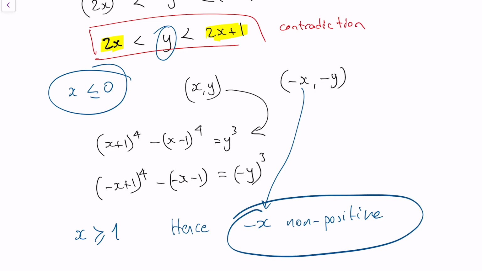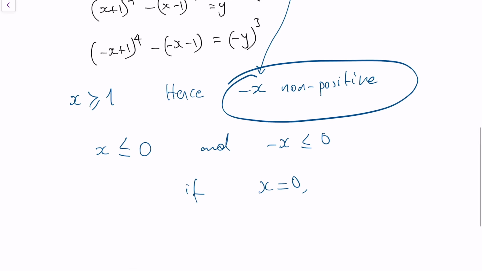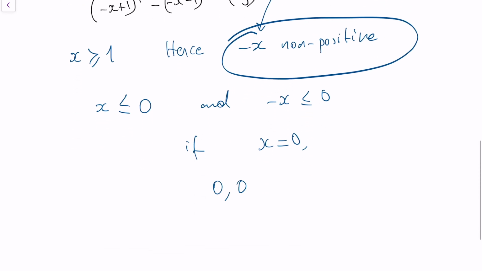So the only number that will satisfy x is less than or equal to 0 and minus x is less than or equal to 0 is if x is equal to 0, right? So the only possible solution here, x is equal to 0. And if x is equal to 0, if you look at the original equation, we're going to have 1 to the 4 minus 1 to the 4, which is equal to y cubed, implies y is equal to 0. So the only solution to this equation is x is 0, y is 0.